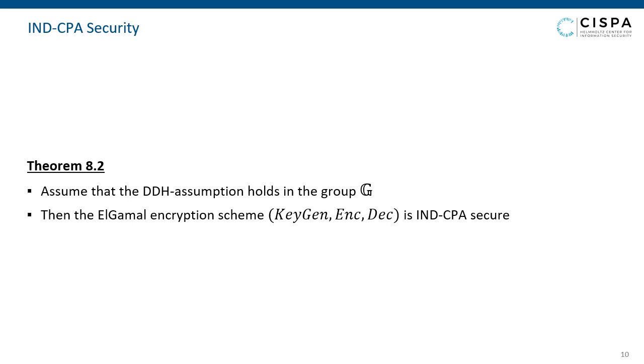Now for the interesting part, namely establishing IND-CPA security. So assume that the DDH assumption holds in the group G, then the Elgamal encryption scheme KeyGen, Enc, and Dec is IND-CPA secure. So let's get right into the proof of the theorem.